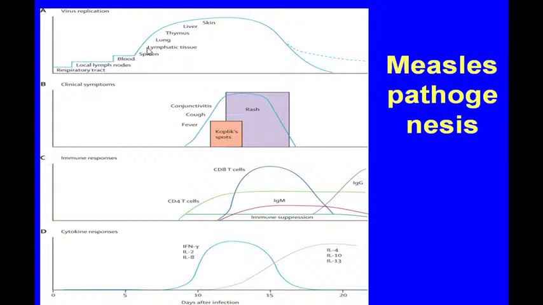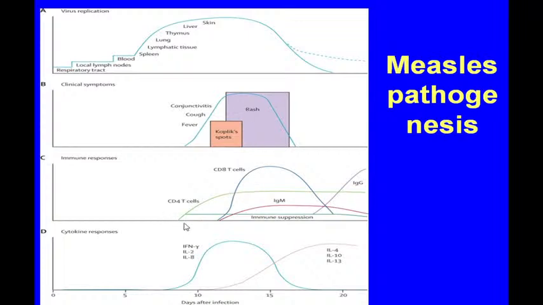Okay, here we can see the graph that demonstrates the pathogenesis of this disease. Step by step, these are the stages of virus replication, and step by step how the symptoms appear. Once they enter the blood, infect tissues, and then the catarrhal symptoms and Koplik spots appear, and then we have rash development.